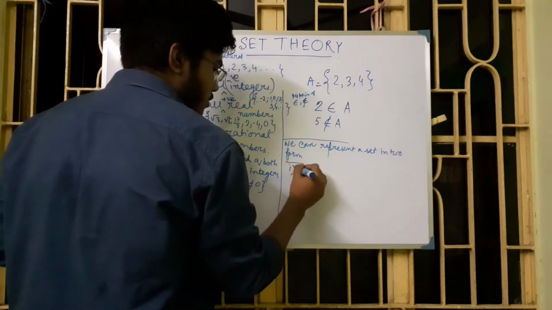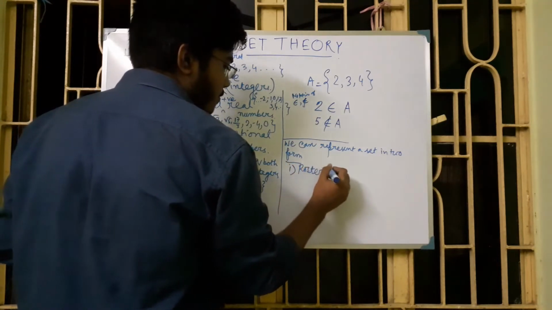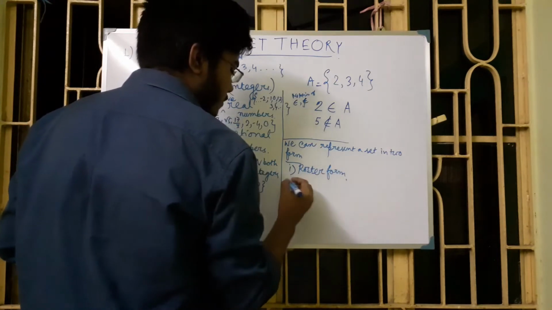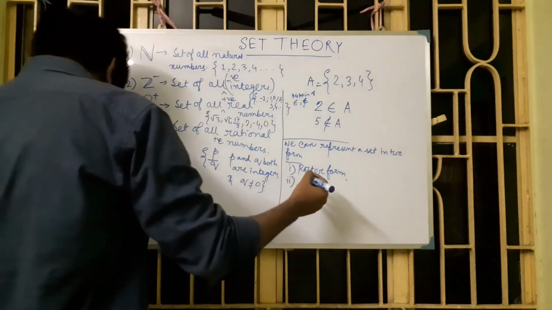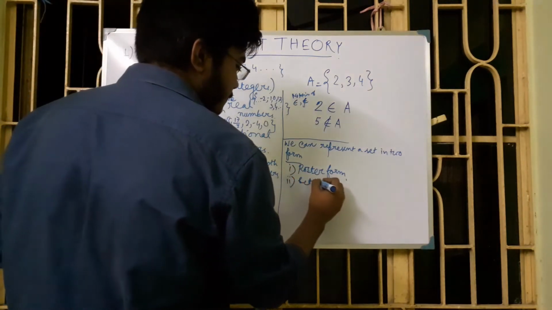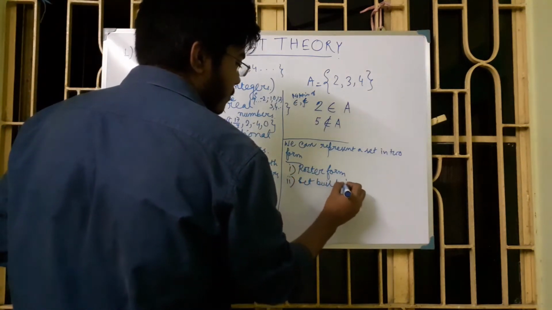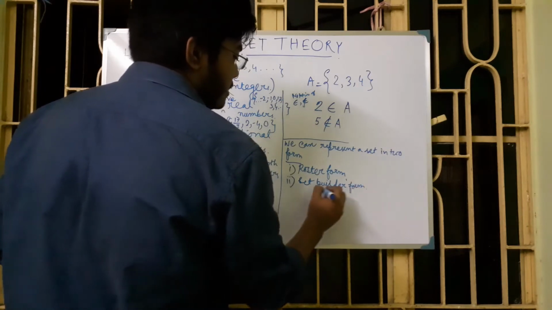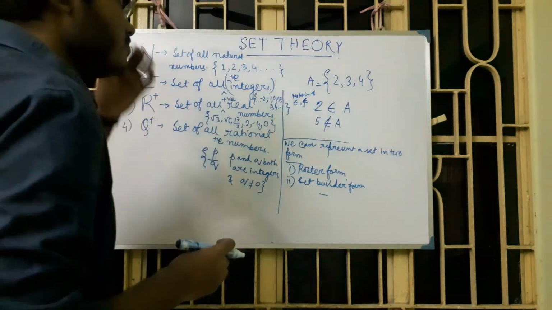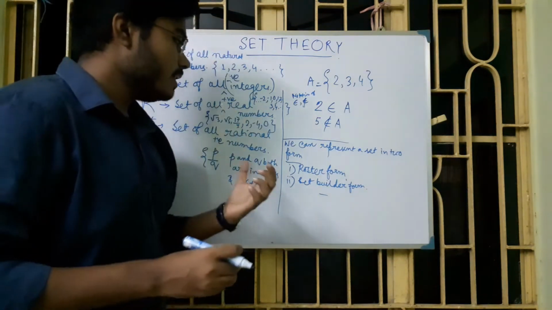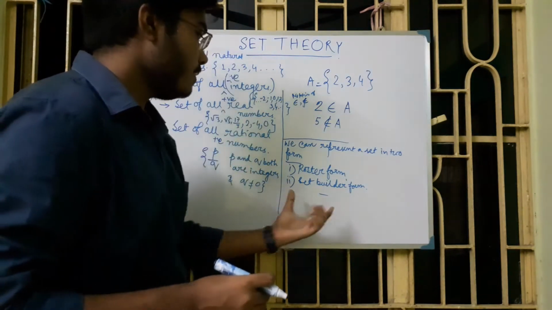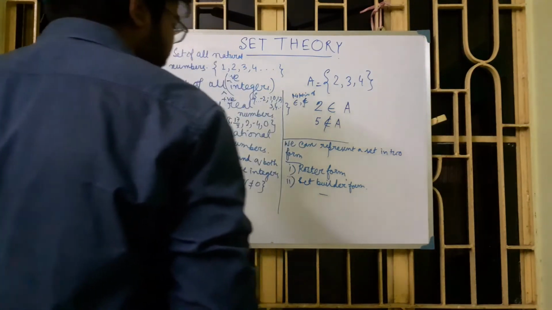First is roster form, and the second one is set builder form. Set builder form means we have to build a set using some statements, and the set will be represented by those statements. So that is the set builder form.